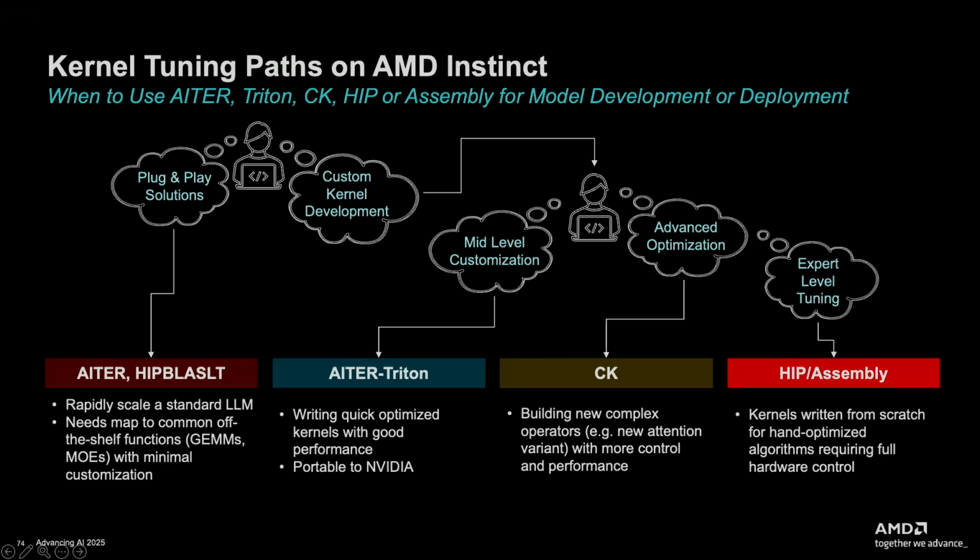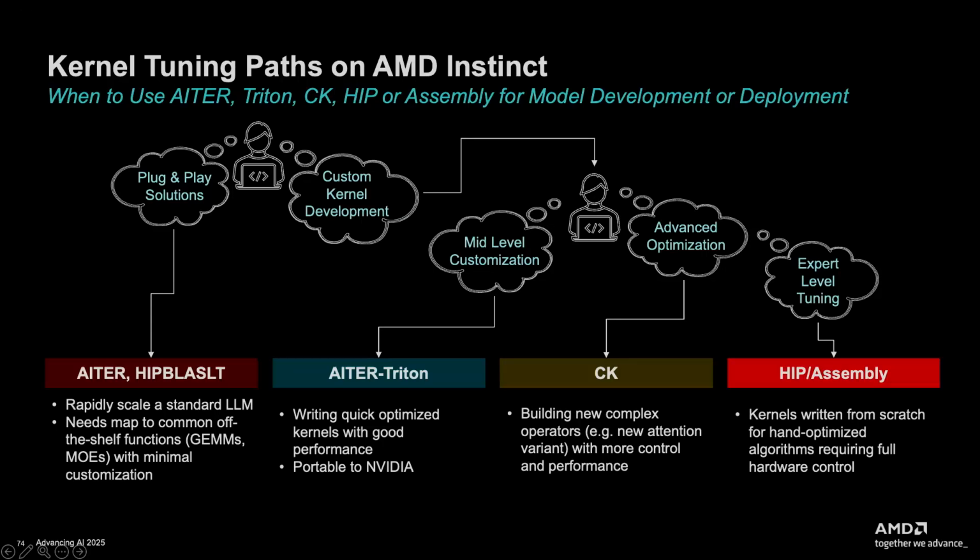And if you are a hardcore C++ developer and comfortable writing C++ code with Composable Kernel, go with that one. The development cycle might be a little bit longer than Triton, but you have many more knobs in your control and can do your development in an efficient way there.